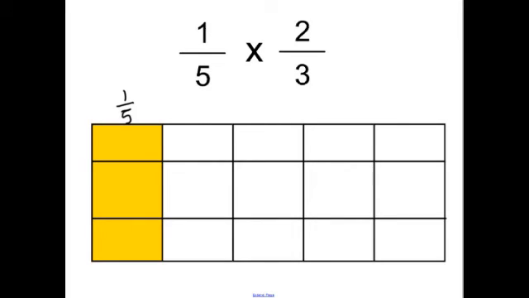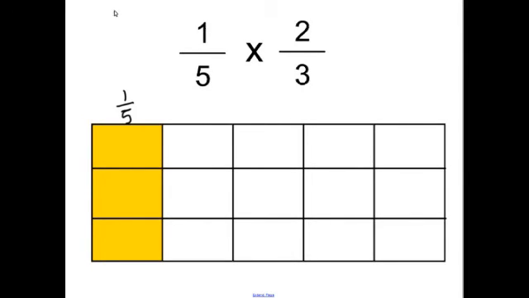What we're actually doing is splitting this fifth into 3 parts. Okay, so now we have got 1/3. This is 1/3 of 1/5, 1/3 of 1/5, and 1/3 of 1/5.